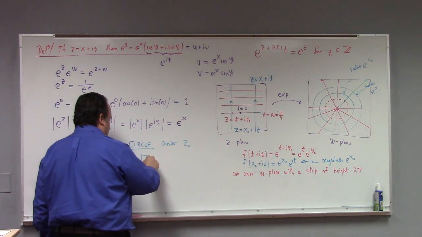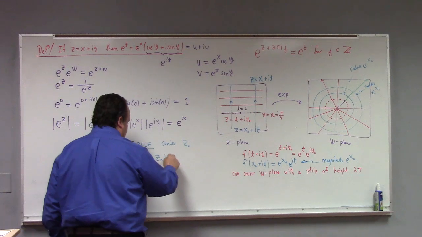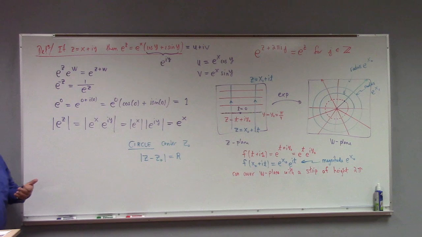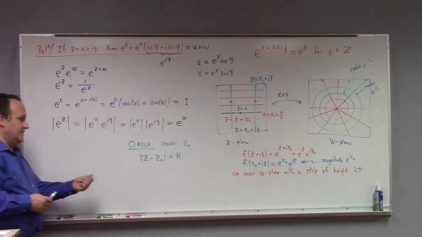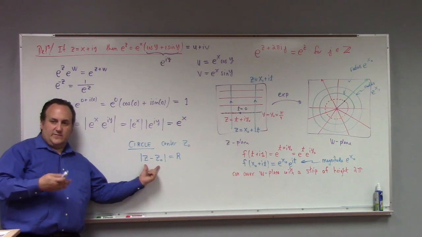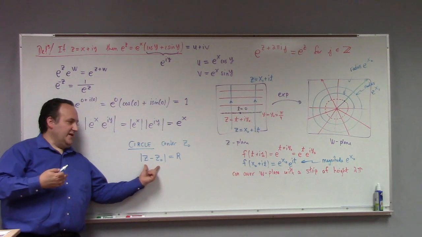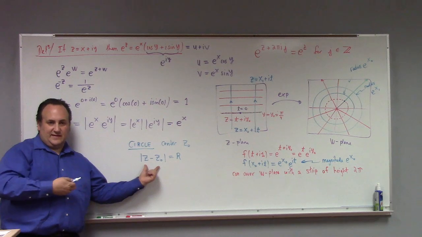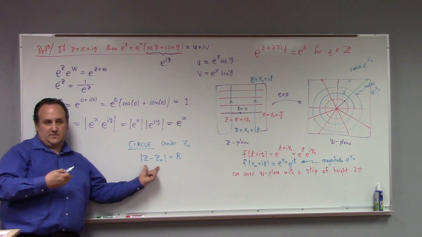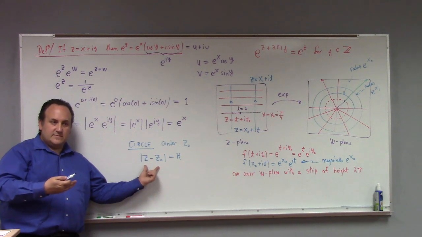The equation of the circle, we could do this: the absolute value of z minus z naught equals r. So this is kind of off topic, but it'll help you with the homework. This formula gives us the distance from z to z naught. So I'm saying all z that are equidistant from z naught, that's a circle. So this would be the equation of a circle in complex notation.